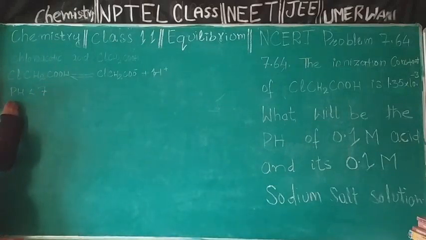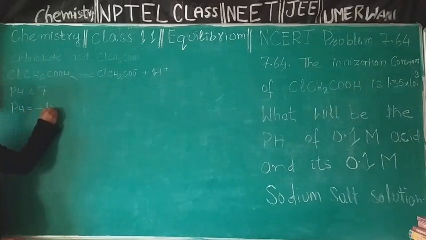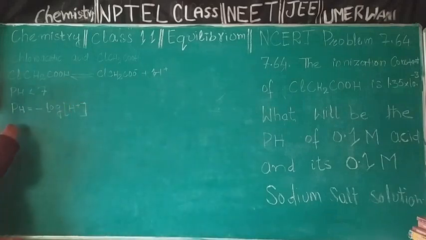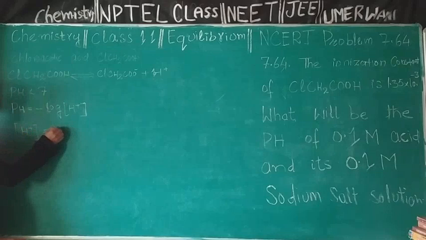We know pH is equal to minus log of H positive ions. So first we will calculate H positive ions in its solution, and I told you molar concentration of H positive ions in its solution will be equal to product of its molar concentration and its degree of dissociation.